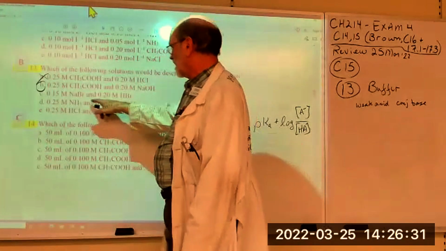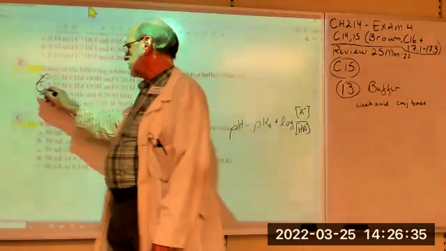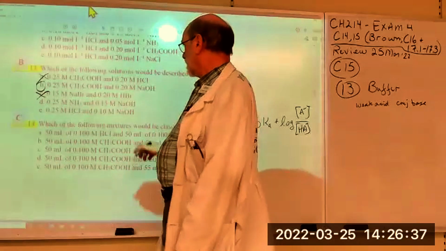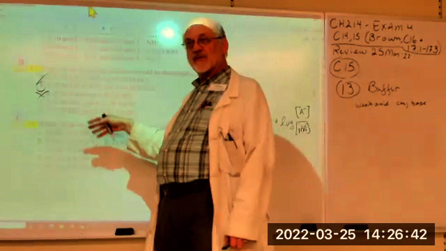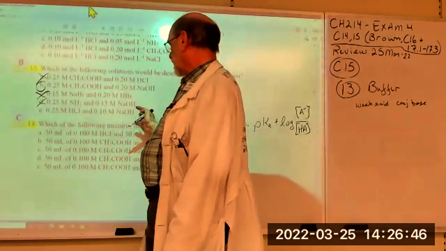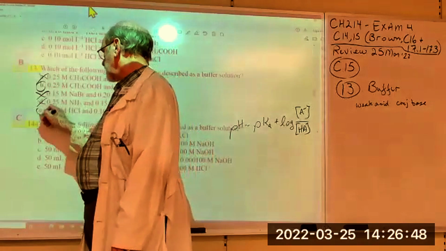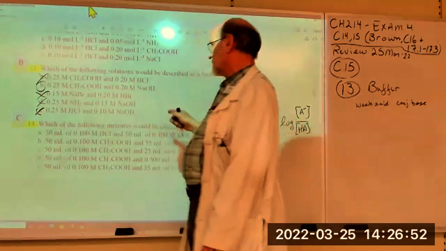How about this one? Sodium bromide. Well, that's not a weak acid. Can't be. Ammonia and sodium hydroxide. Well, you're adding the base with the base. So that can't be either. Hydrochloric and sodium, that's going to be neutral. All right. So by process of elimination, this one should be it.